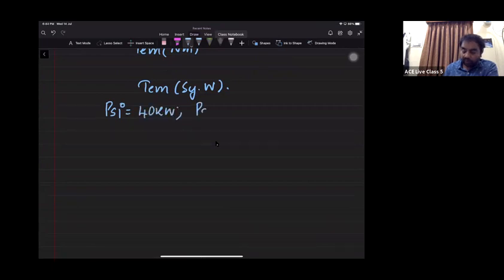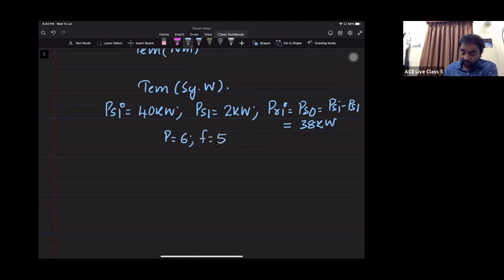The stator losses are 2 kilowatts. Then the rotor input, nothing but the stator output, is equal to stator input minus stator losses, so this is equal to 38 kilowatts. How many poles is the machine? 6 poles, the supply frequency is 50 hertz and the speed is 1000 rpm.